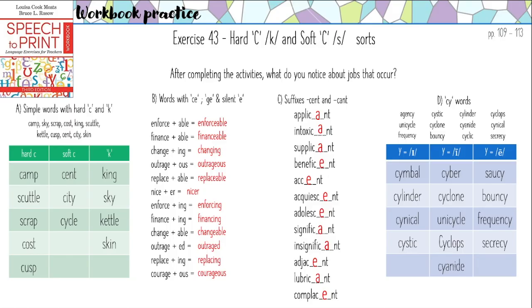Symbol, cylinder, cynical, cystic, those ones have a consonant right after that in your syllable break. So therefore, you're going to be prompting a short vowel, just like you would with any closed syllable. Cyber, cyclone, unicycle, cyclops, and cyanide is an open syllable. Therefore, that Y is going to represent a long vowel.